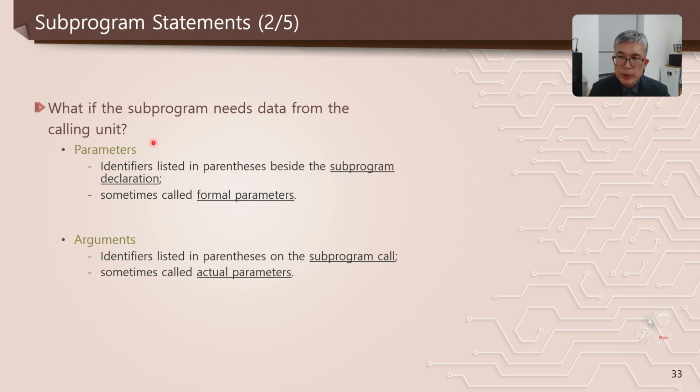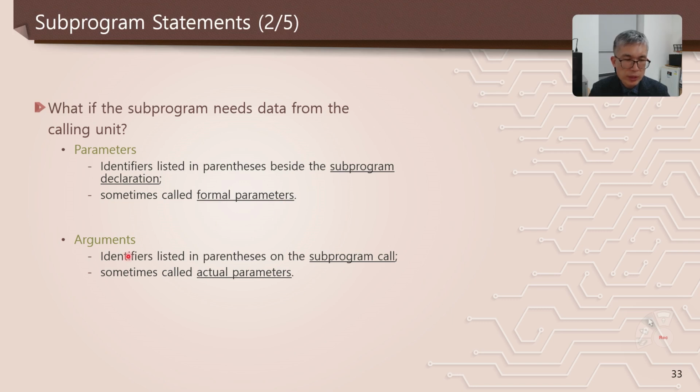So remember, we have two terms, parameters and arguments. Parameters are identifiers listed in parentheses within the subprogram function declaration. Sometimes they are called formal parameters.